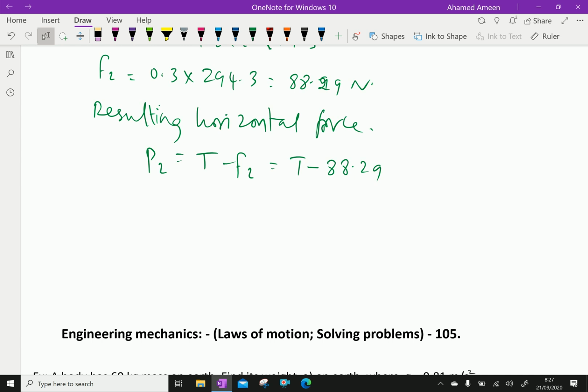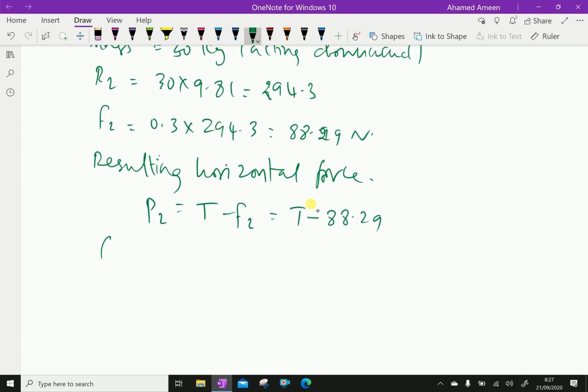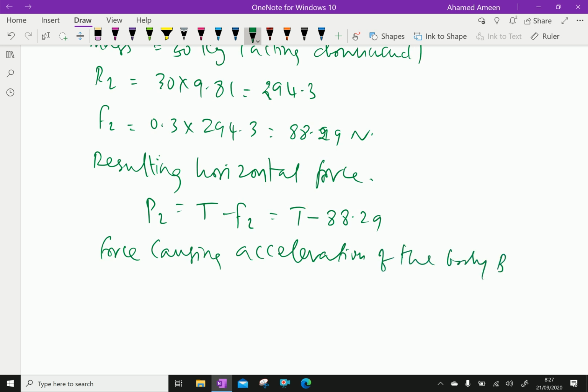Force causing acceleration of the body B is the mass of body B into acceleration, which equals 30a.